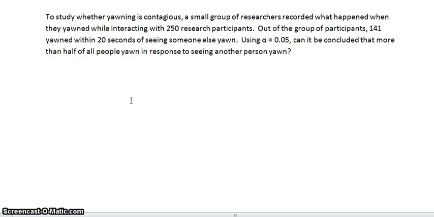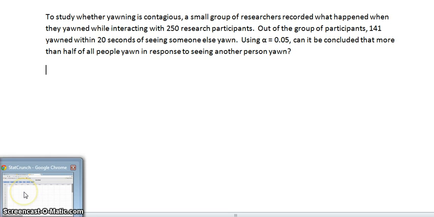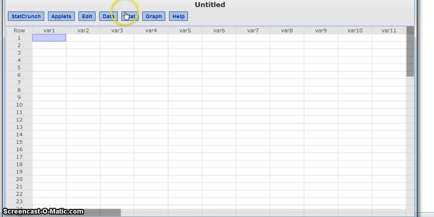We don't actually see the word percent or proportion here, but that's okay. It's clearly not a mean, so that's another way you can narrow it down.